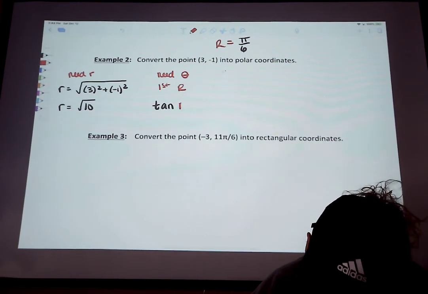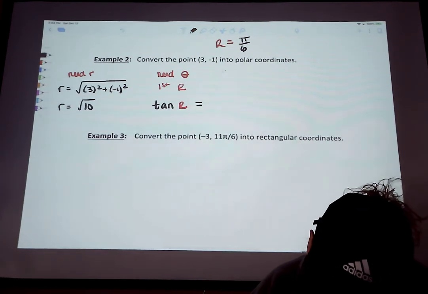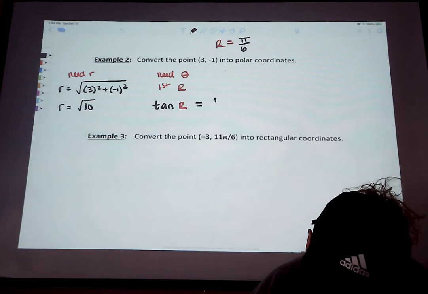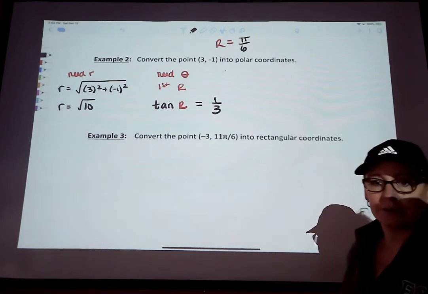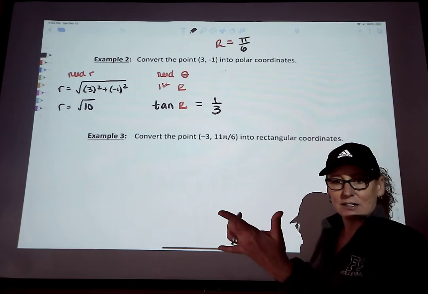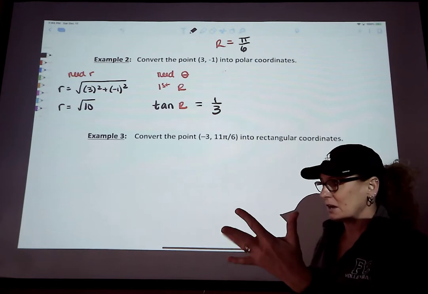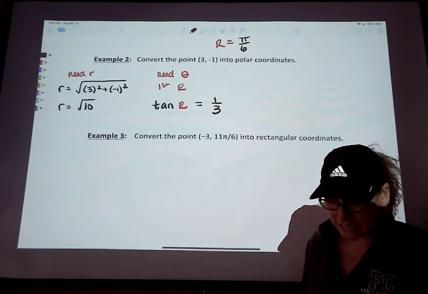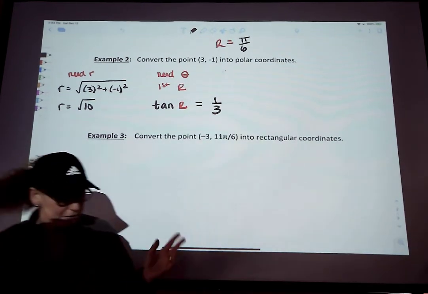Tangent for my reference is 1/3. Okay, that's not a nice one. That's not on my table. That's not on my fingers. I'm going to have to use my calculator.